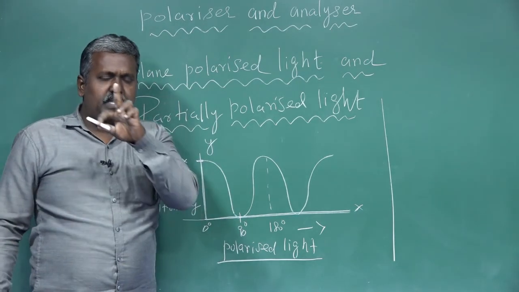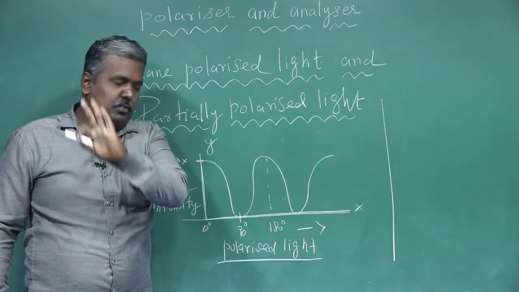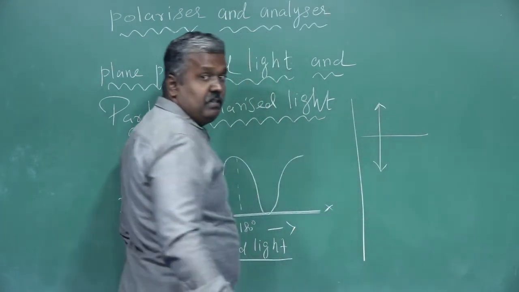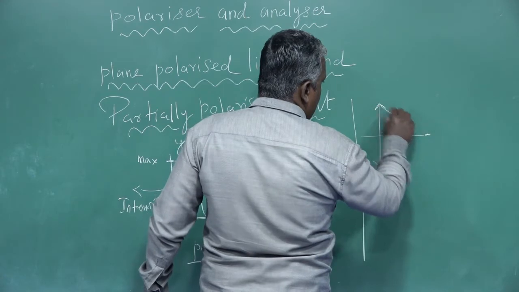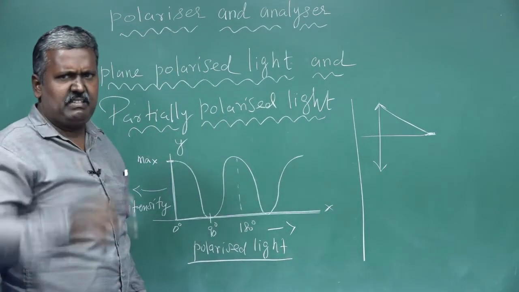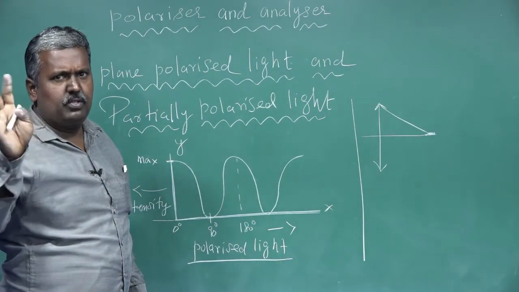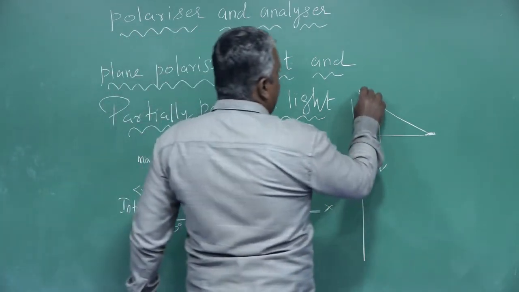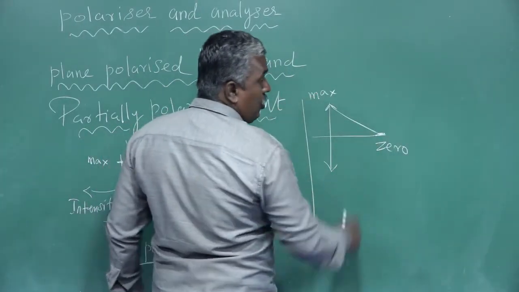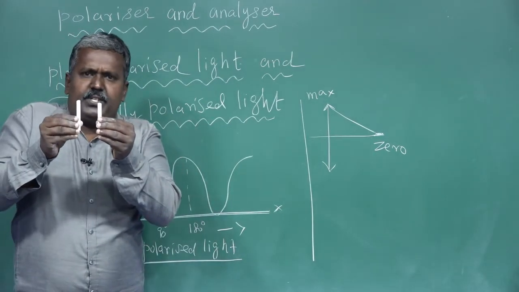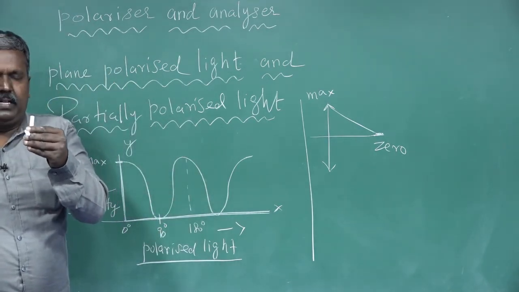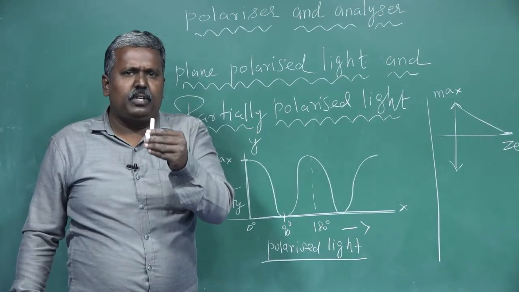If the intensity of the light varies from maximum to 0 for every rotation of 90 degree of the analyzer, this is the maximum intensity position, and this is 0 intensity, not minimum. No light comes out from the analyzer. So the intensity will be 0, not a minimum. Now this is called plane polarized light.